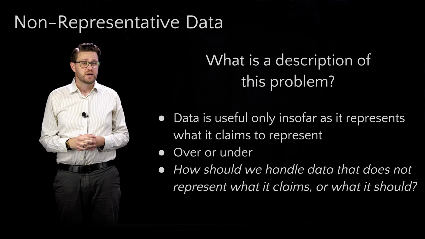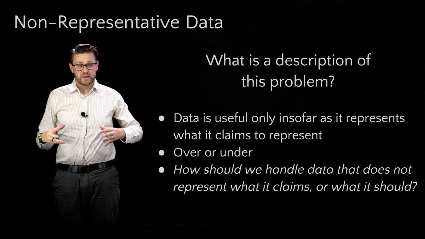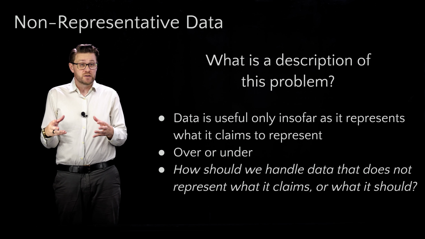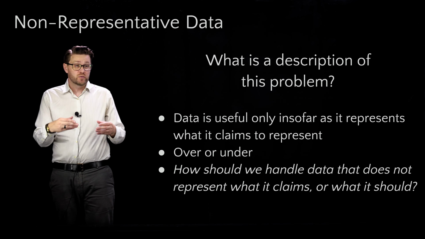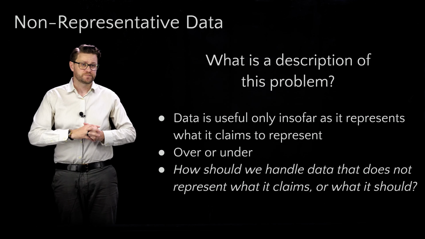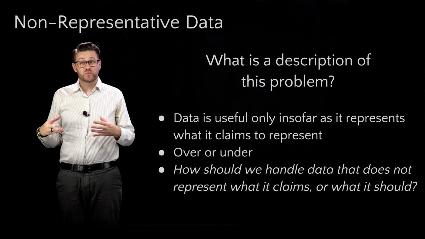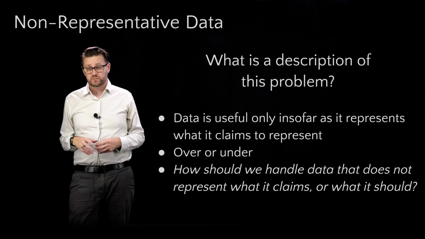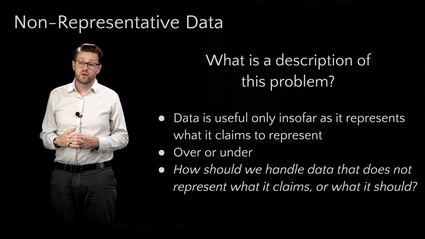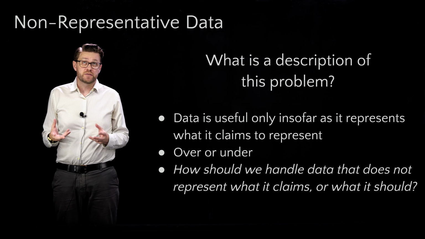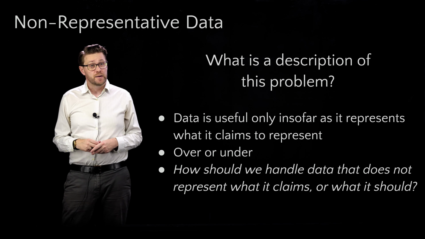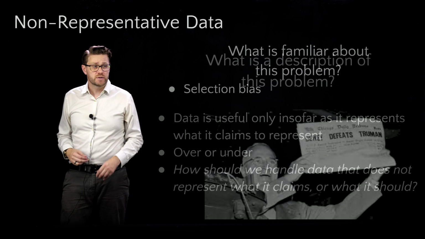And so typically we're talking about some group being overrepresented in a data set that's not good for them to be overrepresented in, or vice versa. So the question is, how should we handle data that doesn't represent what it claims to represent? Or maybe it doesn't make any claims, but we just need to think about what it should represent instead of what it does represent.